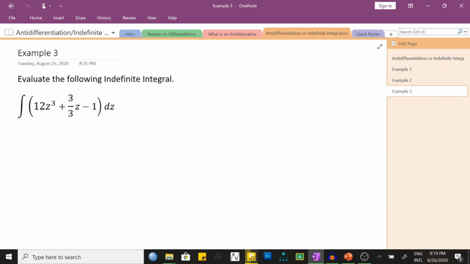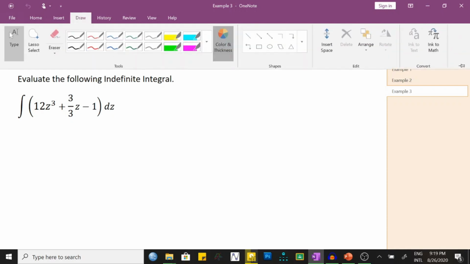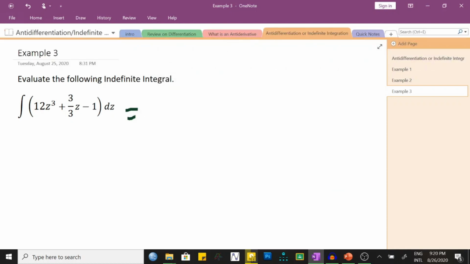Here is another example. Let's make it quick. Again, an antiderivative for 12z cubed is 3z raised to 4.